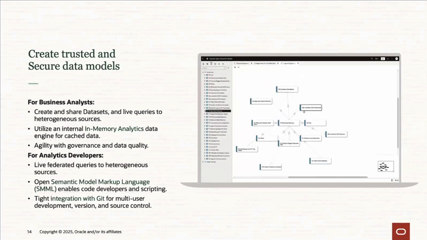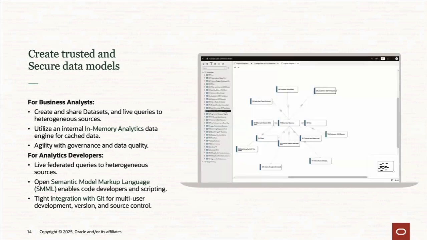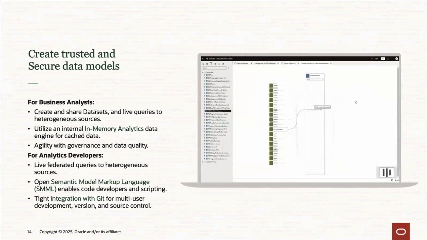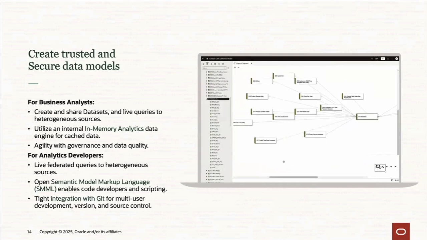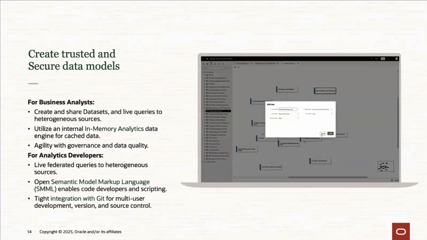For your analytics developers, you're going to similarly have the live federated queries to multiple data sources, and you're also going to have the semantic model markup language. And the semantic modeler is going to allow you to code and script to create very complex models.